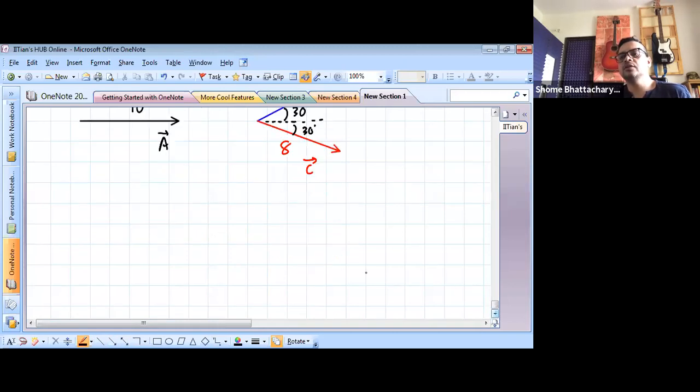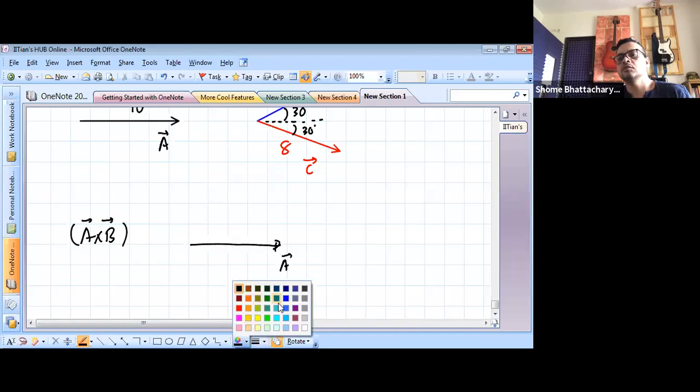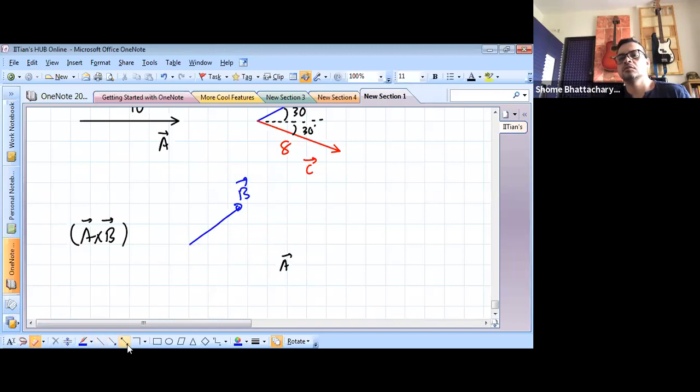Okay. So let us separately do A cross B first. So in A cross B, what is happening? A is like this, B is like this, both of magnitude 10, but the angle between them is how much? 30 degrees.